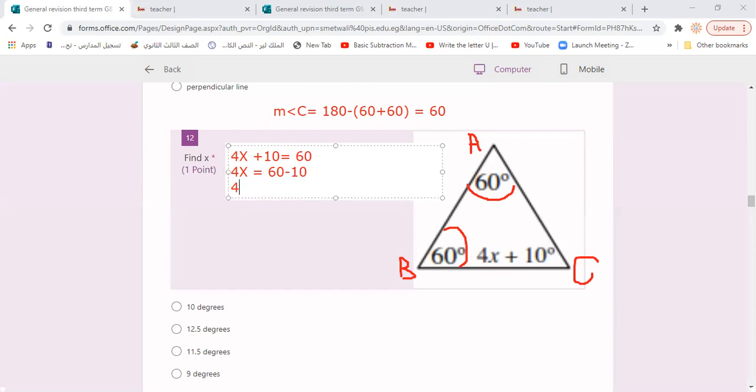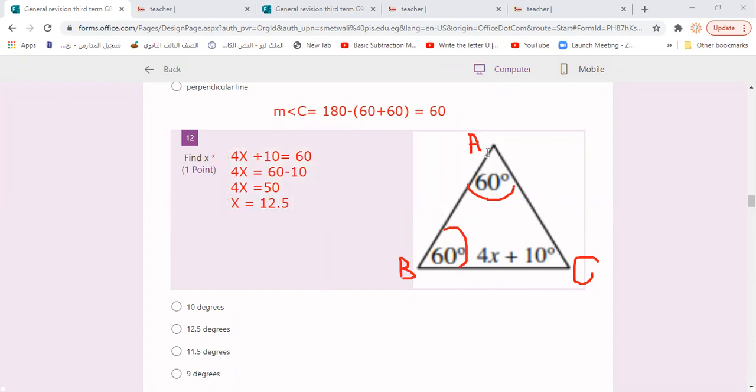Then 4x equals 50. After that, what do we have to do? Divide by 4. So the answer will be 0.5.